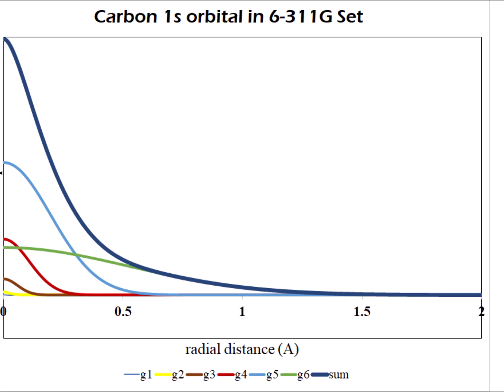In this figure, we see plotted in Microsoft Excel the values of each of the Gaussian expressions, and then in the more solid dark blue line, their total linear combination. One thing to point out is how each of the Gaussians has the typical Gaussian bell curve shape, but when we have their linear combination, we get a more pointed shape that looks more like a Slater type orbital.